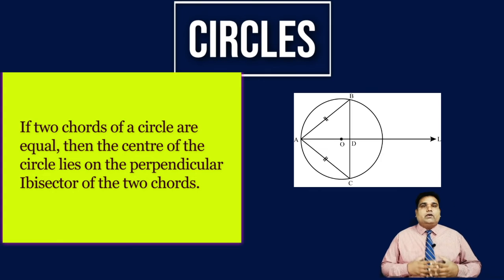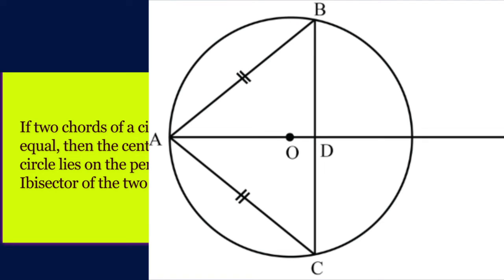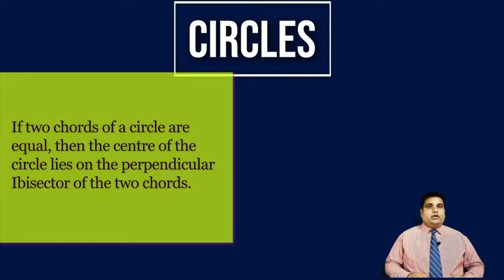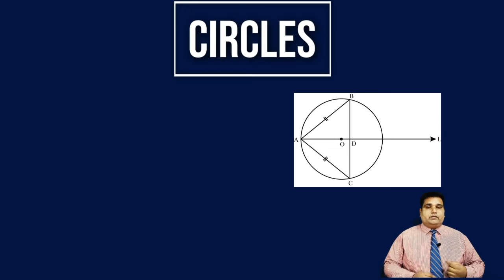Here you can see in the diagram two chords, AB and AC. If we take the perpendicular bisector of these two chords, then definitely the center of the circle will lie on the perpendicular bisector.